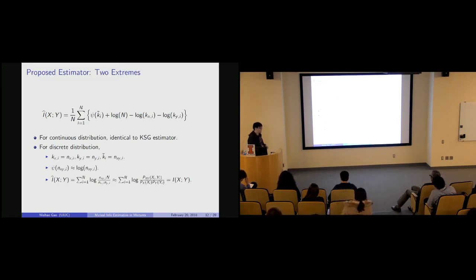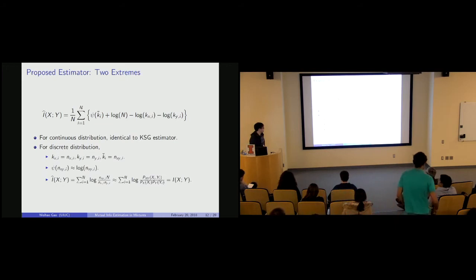So the definition of mutual information gives us that mutual information is approximately equal to the empirical average, 1 over n, of the log of nxy over n divided by nx over n times ny over n. So it's simplified to this.